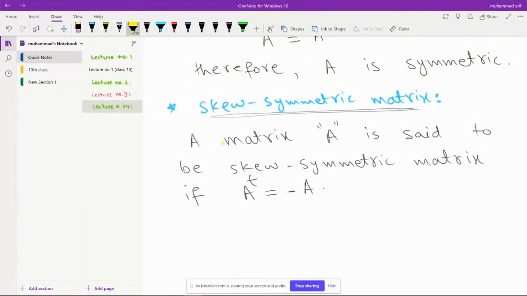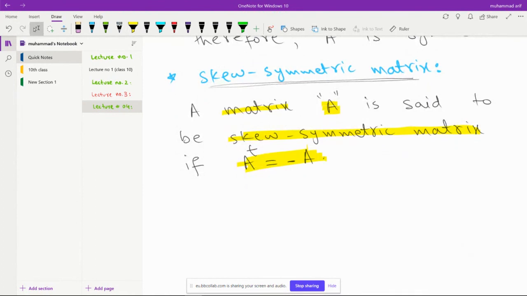Any matrix A is said to be skew symmetric matrix if A transpose is equal to negative of A. Then the matrix is said to be a skew symmetric matrix.